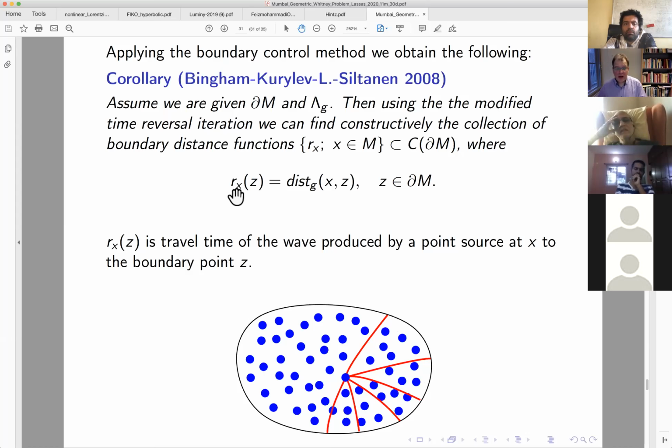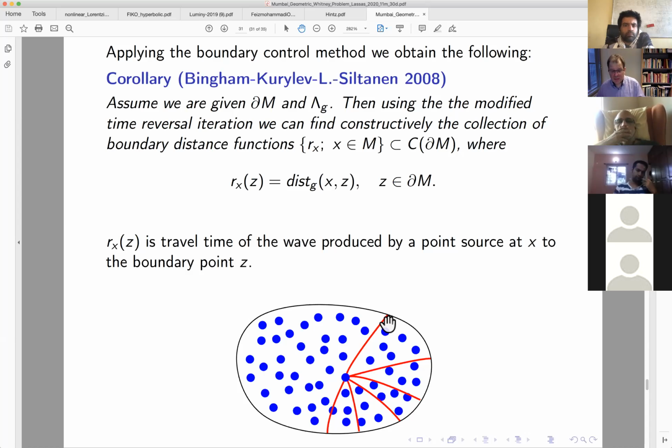When we do the focusing with all interior points, we get a collection of boundary distance functions. They are unfortunately only a non-indexed family, but anyway, we get this family of functions, Rx, where x varies through points of the manifold, and those are the distances from this point x to different boundary points.